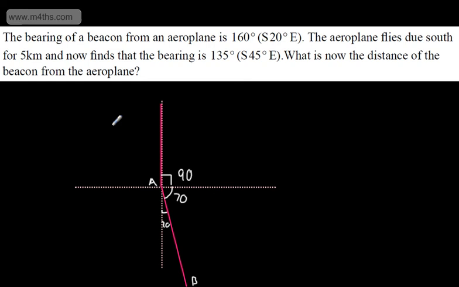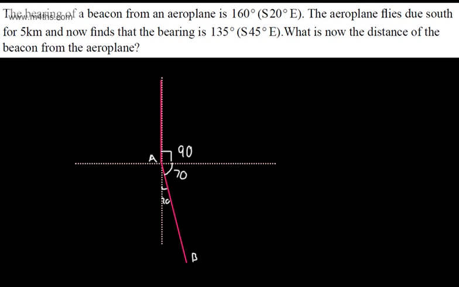We're now going to go 5 kilometers south. So what I'm going to do is just plot the path 5 kilometers south. I'm just going to come down here somewhere, and we're told now that the bearing is going to be 135. So if I just put up a line, and again you don't need to do this, but it might help, what we're going to have now is a bearing of 135.